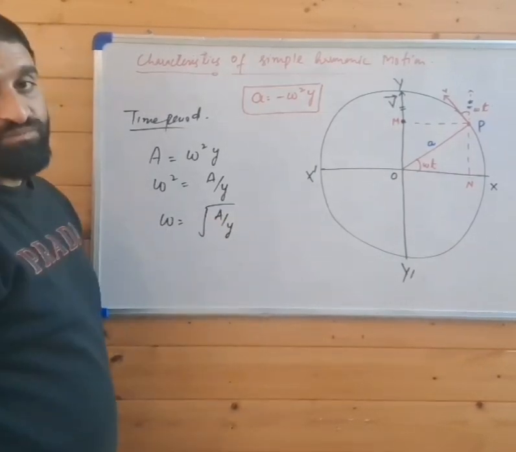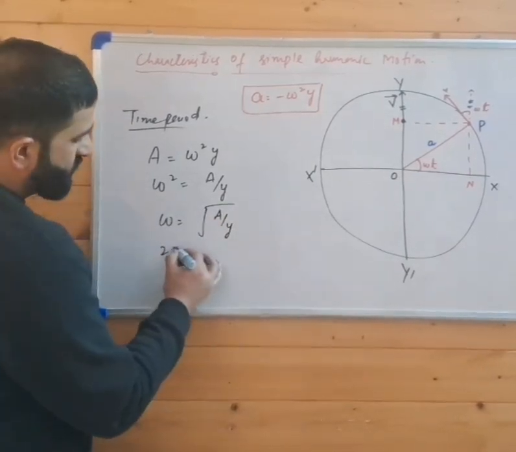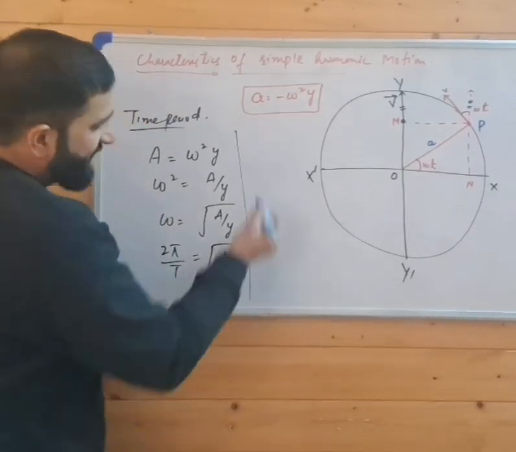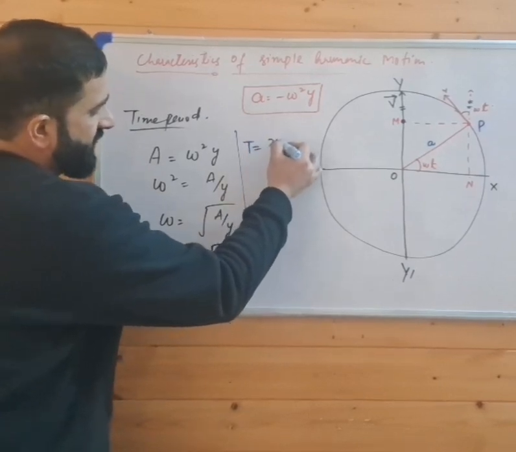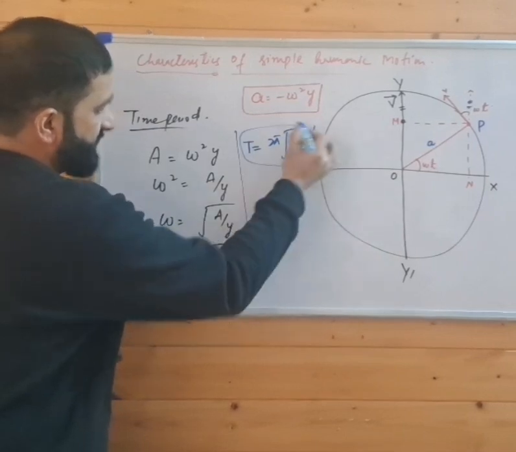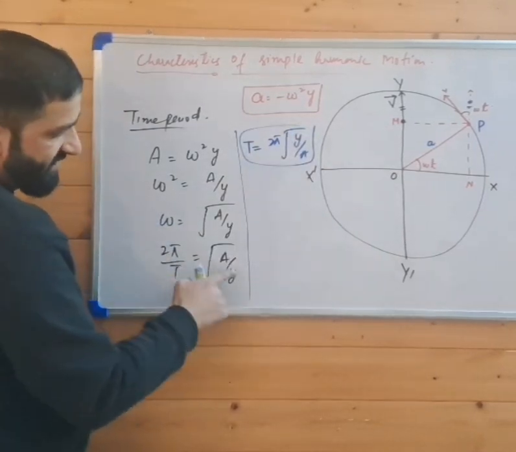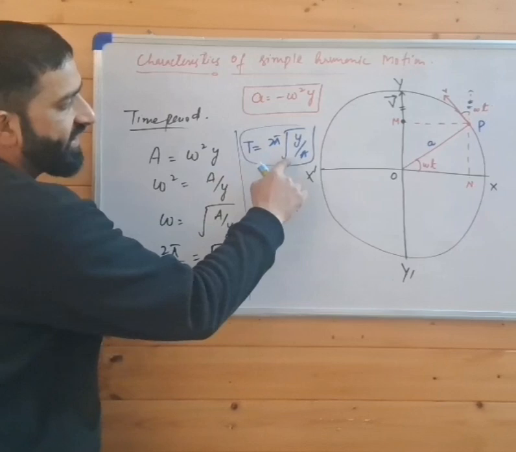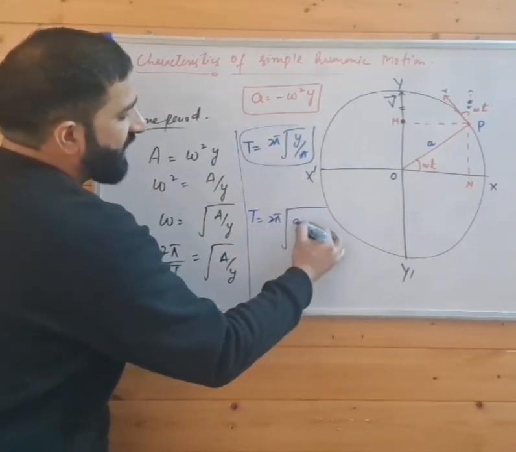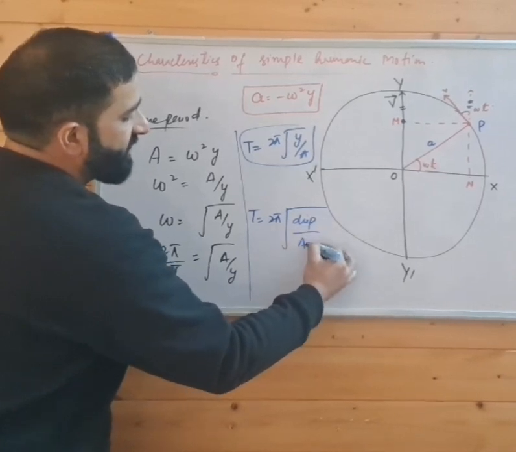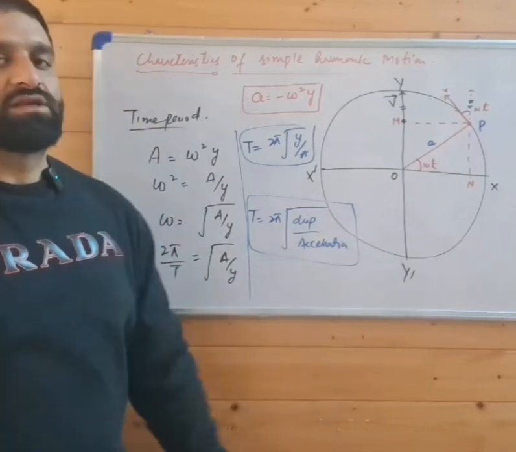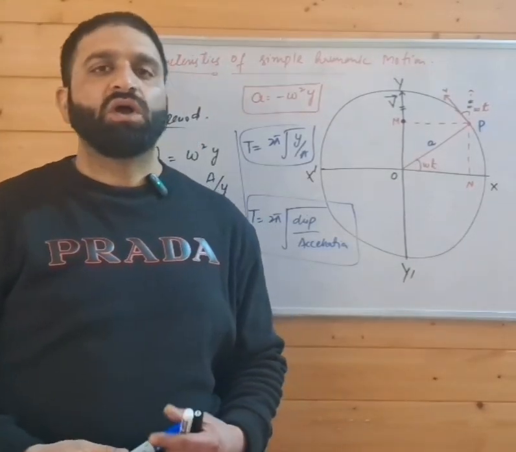Now ω is the angular velocity, so it is equal to 2π divided by T, which is equal to root of a divided by y. Rearranging it, we get T is equal to 2π root of y divided by a. So the time period is equal to 2π root of displacement divided by acceleration. This is the relation for the time period of simple harmonic motion. Hope you understood.